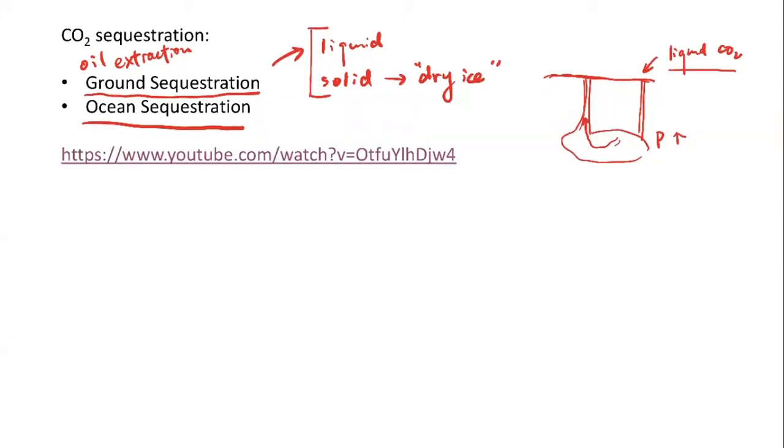We can also use ocean sequestration. Basically, under the water, we just pump in the carbon dioxide. Since the molecular weight of carbon dioxide is higher than water, its density is going to be higher than water.